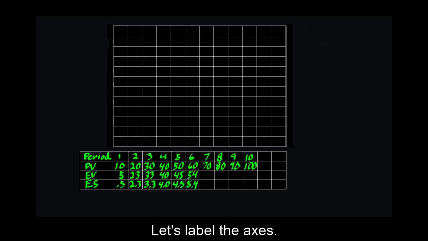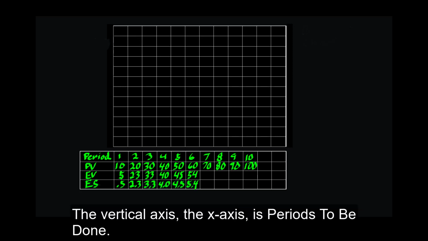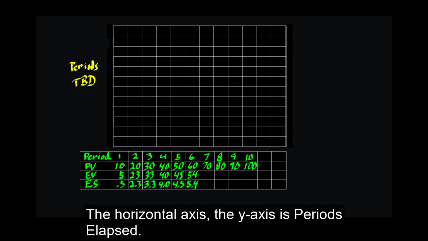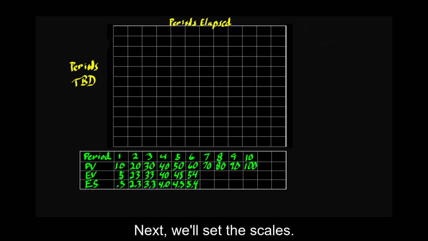Let's label the axes. The vertical axis, the x-axis, is periods to be done. The horizontal axis, the y-axis, is periods elapsed. Next, we'll set the scales.